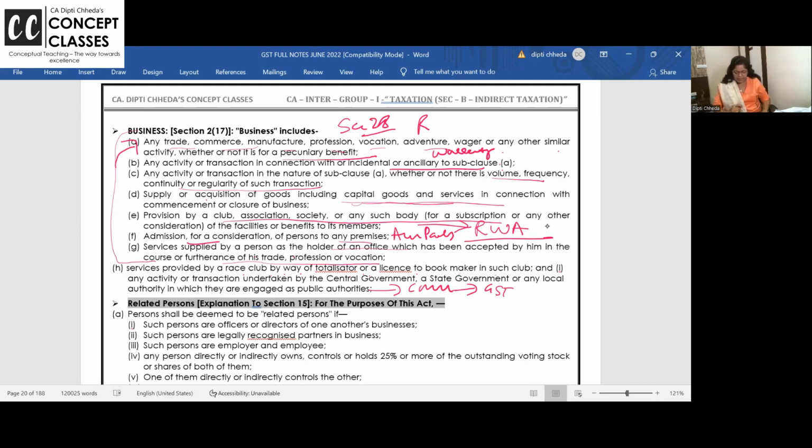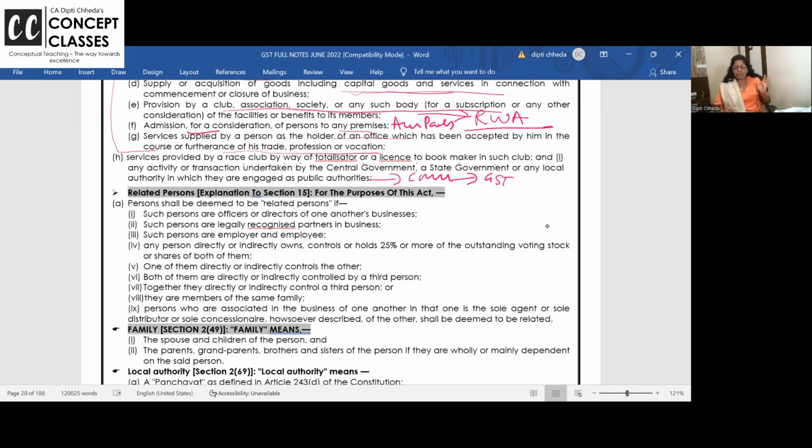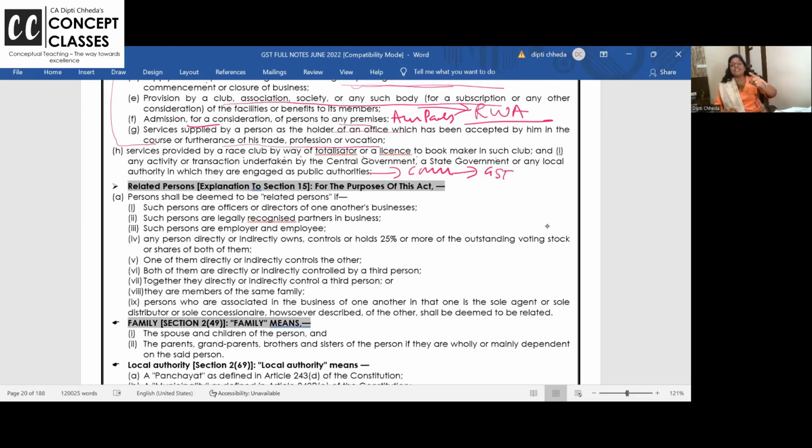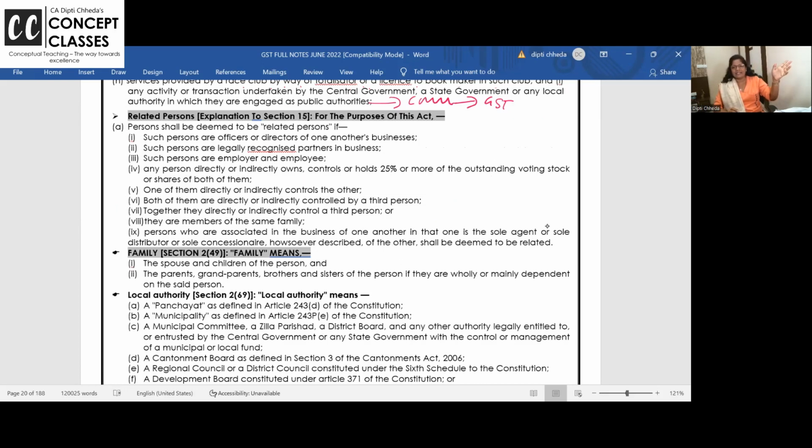Right. Now, the definition of related person. Two persons are said to be relatives. The relatives definition we have studied in income tax is here called family. My spouse, husband for wife, wife for husband, children. Children always include adopted children and all that. And parents, grandparents, brothers, sisters, if they are wholly dependent on you, they are said to be your family members for GST purposes.